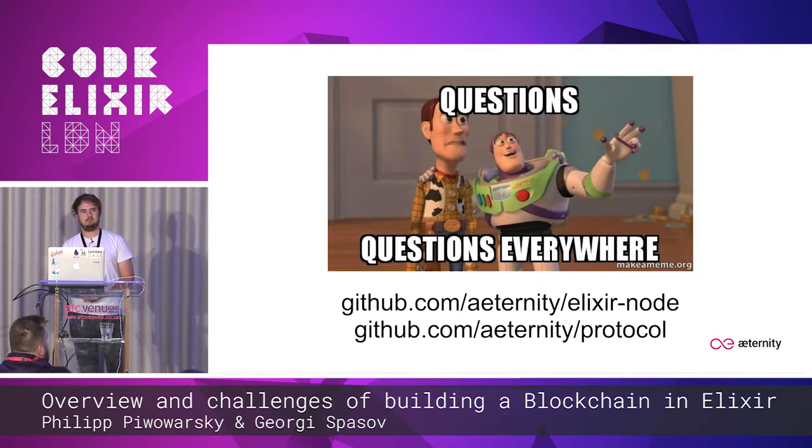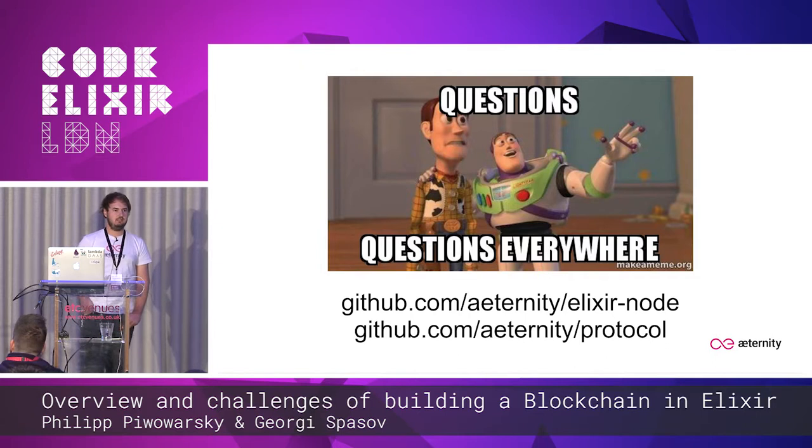More? Oh, I was already there. It's okay. I saw the nice type specs in the examples in the slides. Do you have dialyzer coverage? Do you use it much in your code base? We had some problems starting with dialyzer.